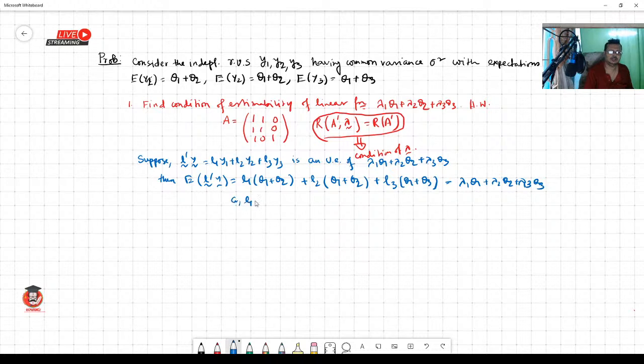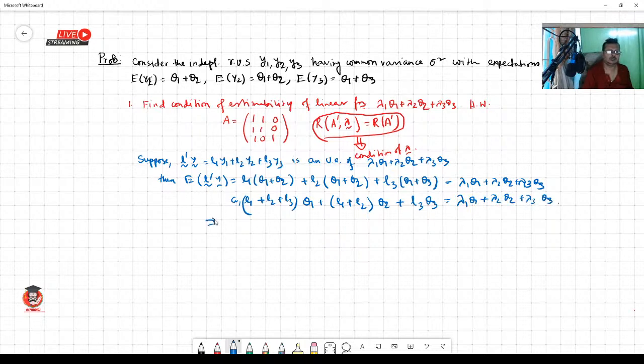This equals theta 1 (L1 plus L2 plus L3) plus (L1 plus L2) theta 2 plus L3 theta 3.